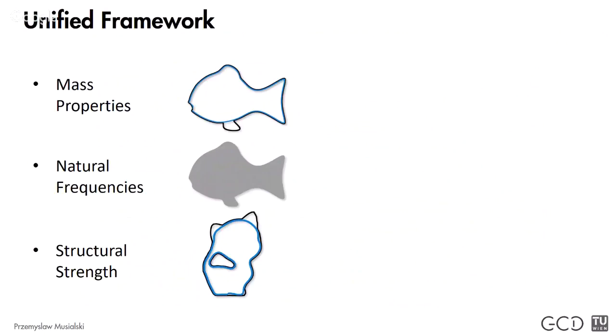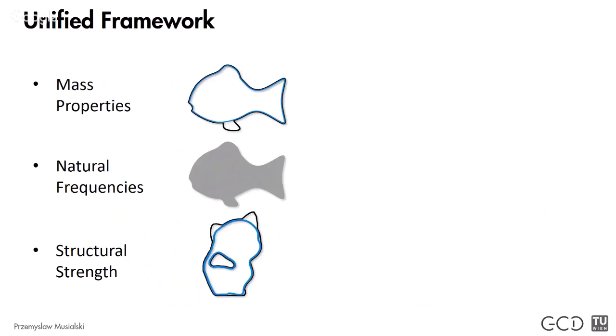And since it worked quite well, we investigated this problem further, and we came up with a unified framework where we tried to generalize it for more applications, not only for mass properties, but also for natural frequencies. So this is the sound of the object. If you hit it, the object vibrates, and this vibration basically constitutes the sound it exhibits.